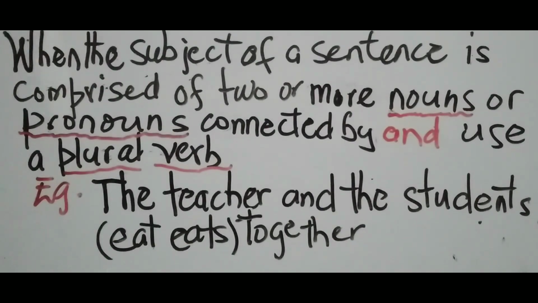And the other thing that we emphasized is that the subject and the verb must agree in number. In other words, if the subject is singular, then the verb must be singular, and if the subject is plural, the verb must be plural. Singular means one, plural means more than one.